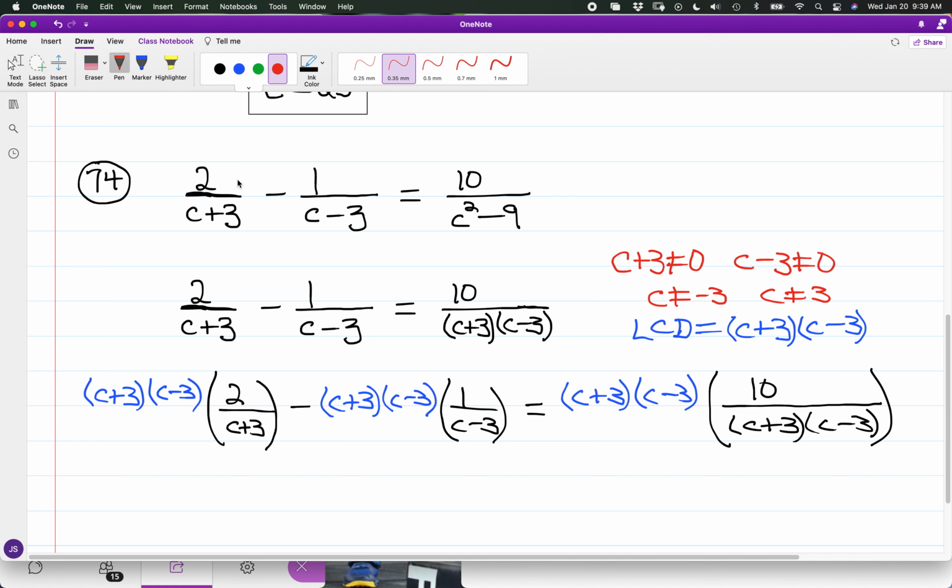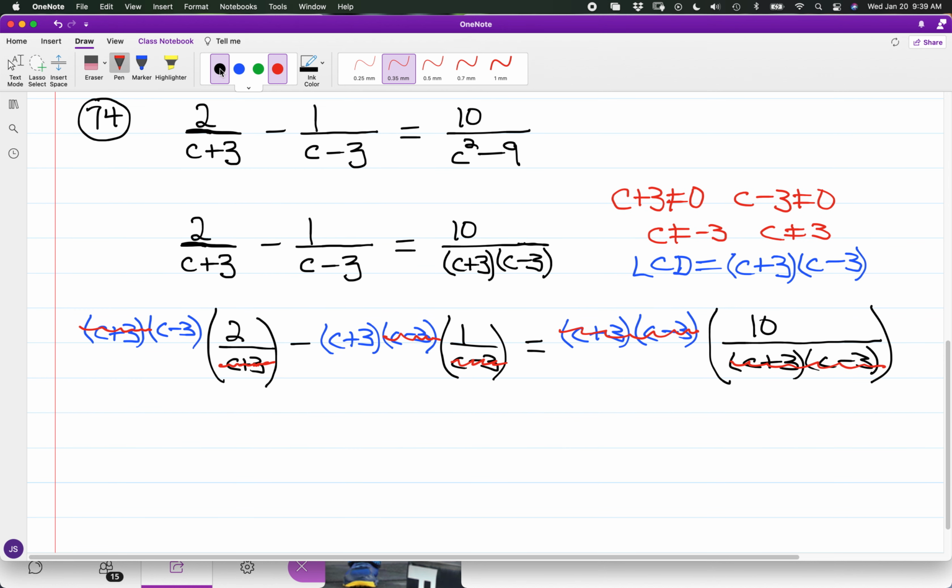Okay, so for the first ratio, we have c plus 3 to completely cancel. For the next, c minus 3 is going to go out. And for the last ratio, we're going to have everything in the least common denominator cancel out.